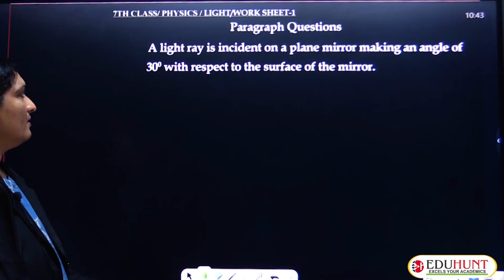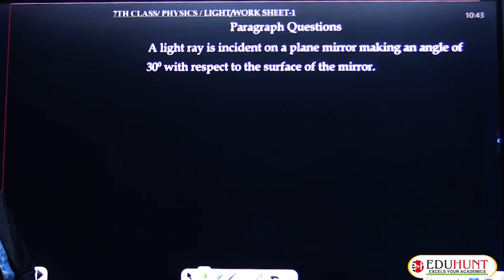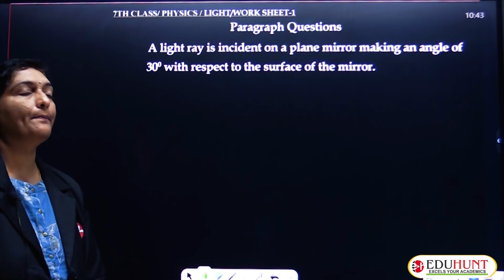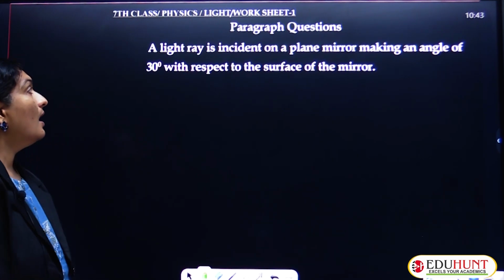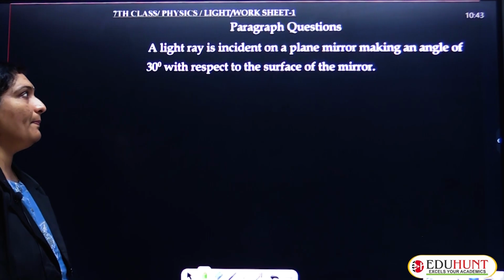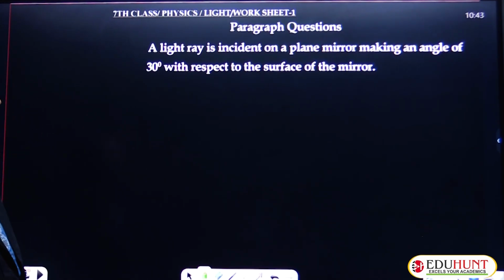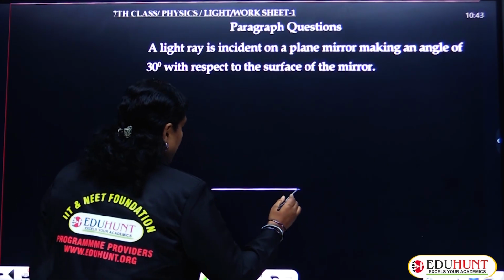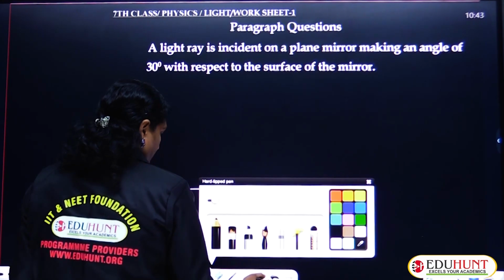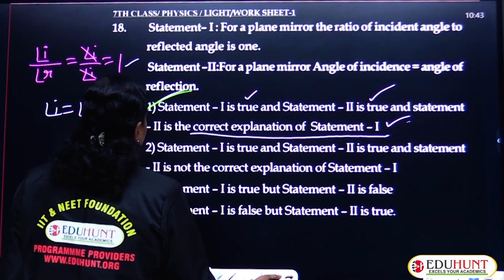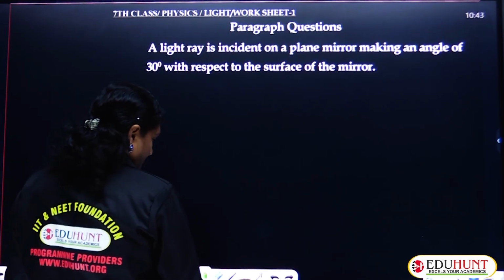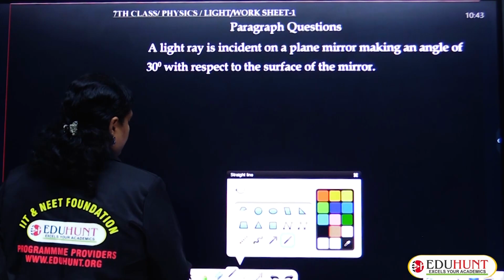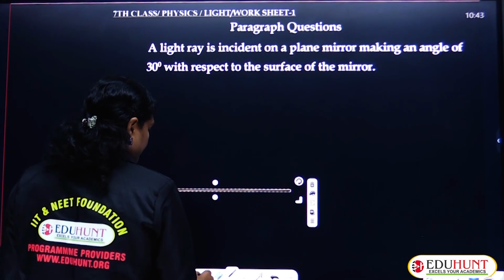So, moving ahead with the first question, a light ray is incident on a plane mirror. What is given? A light ray is incident on a plane mirror making an angle of 30 degrees with respect to the surface. So, this is the surface they have given us.